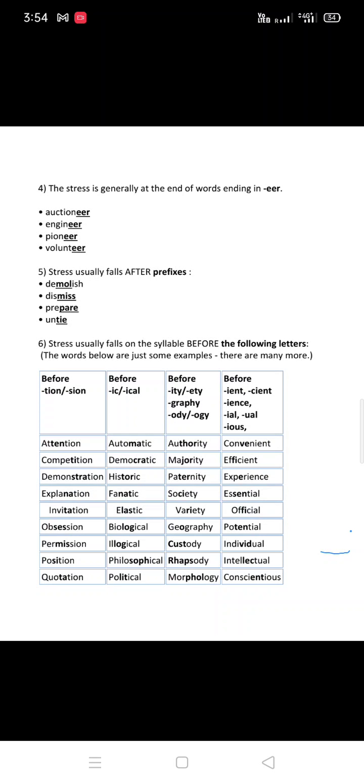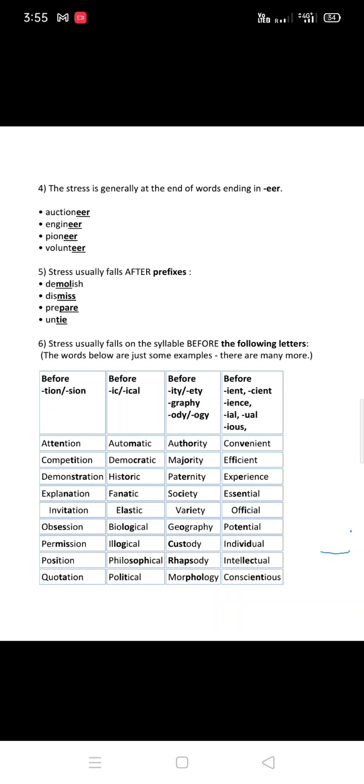And stress is also used before ic or ical, like automatic, democratic, or biological, philosophical. So before ic or ical, we have to put stress.